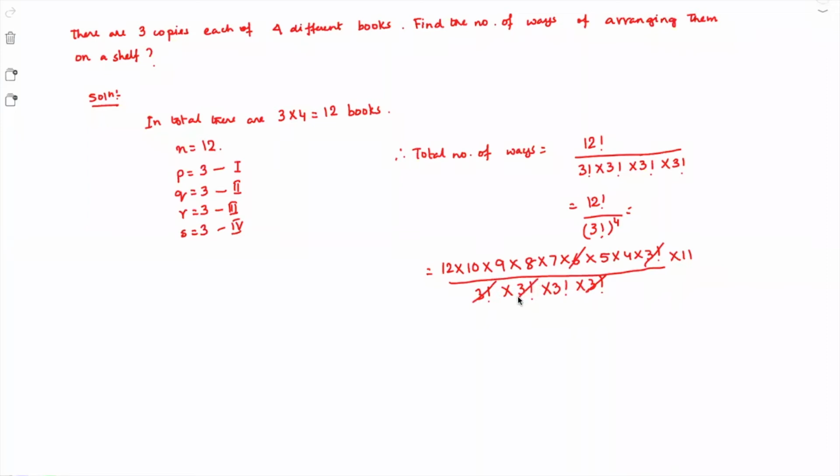Because 3 factorial is 6, this and I cancel 12 to get 2. And 3 factorial, so what I do is, I cancel the 2 and 2 here and 3 and 3 here. So if I do this, I'll get 10 into 3 into 8 into 7 into 5 into 4 into 11, 369,600.